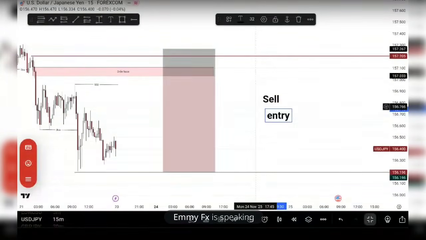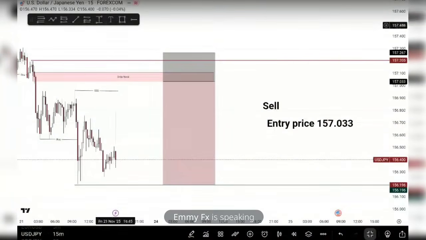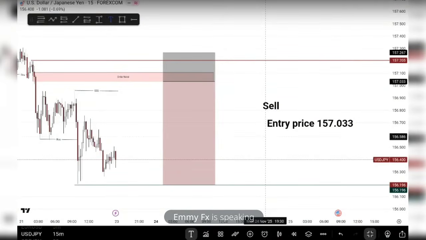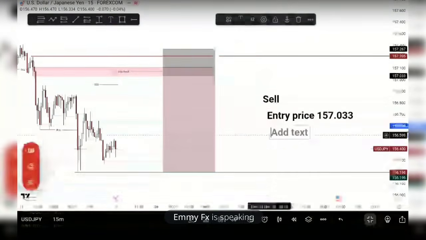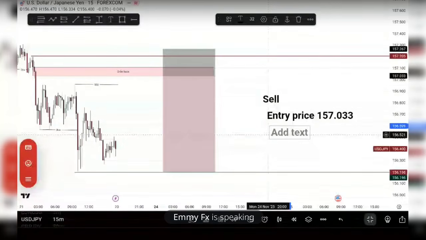Entry price is going to be 157.033. Our stop loss, our SL, is going to be 157.267.